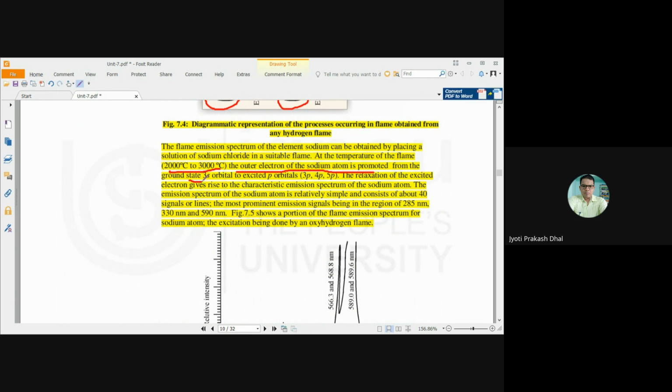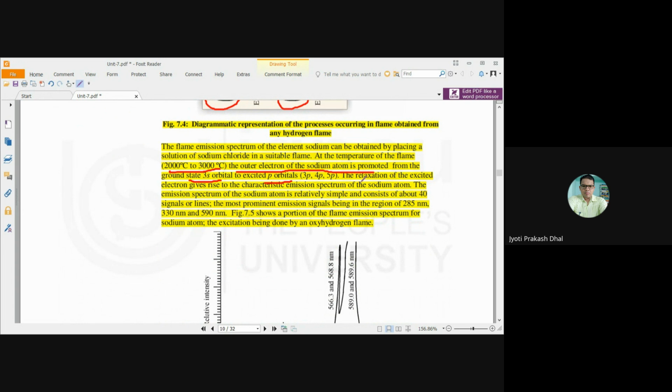The outer electron of the sodium atom is present in the 3s orbital, and that will excite into different p orbitals: the electron in the gaseous sodium atom at the 3s orbital will excite to 3p, 4p or 5p orbital depending upon the amount of energy absorbed from the flame.